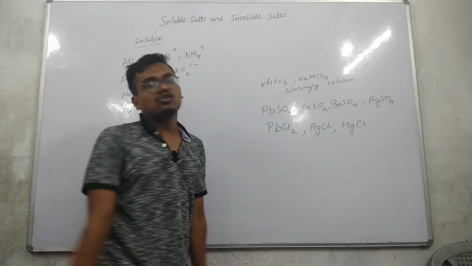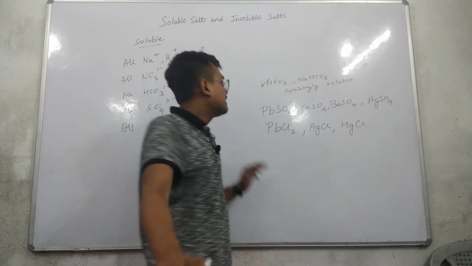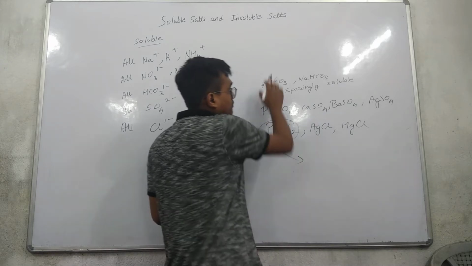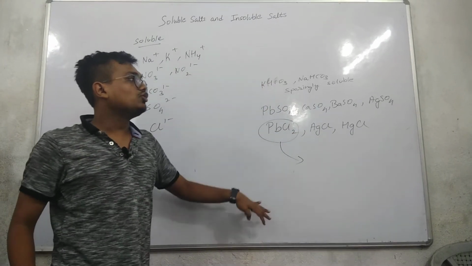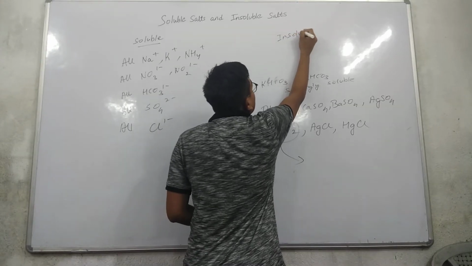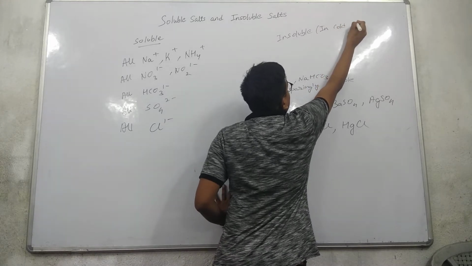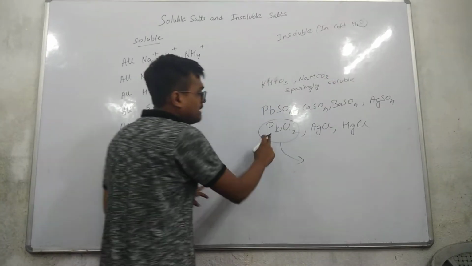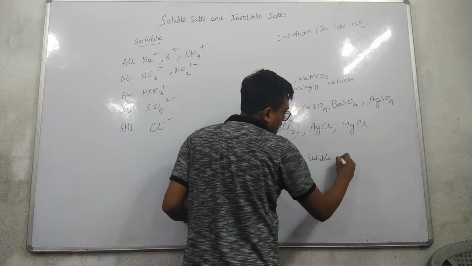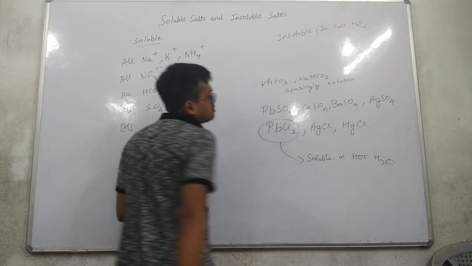These three chlorides are insoluble in cold water. But PbCl2 is soluble in hot water.